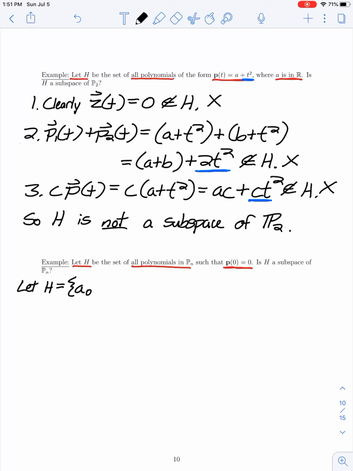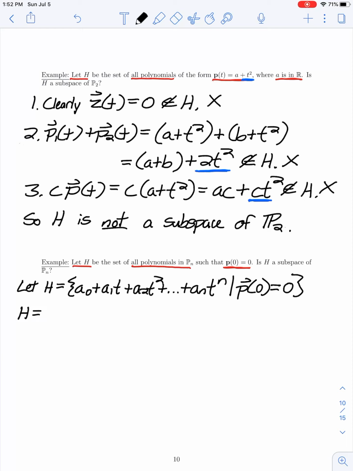So in general, it would be something of the form a0 plus a1t plus a2t squared, and so on, up through an t to the nth, such that all of these coefficients are real numbers, such that p of 0 is equal to 0. So we have one extra condition here, namely p of 0 has to be equal to 0.